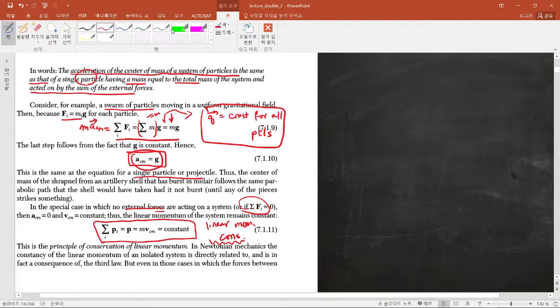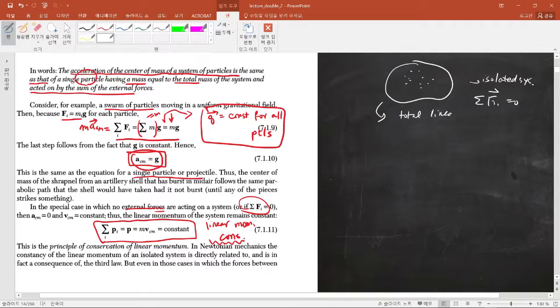For example, if there is an isolated system with many particles inside, not rigid, but just isolated, it means there is no exchange of force or work with the environment. So the total force is 0, and it means that for an isolated system the total linear momentum is conserved.